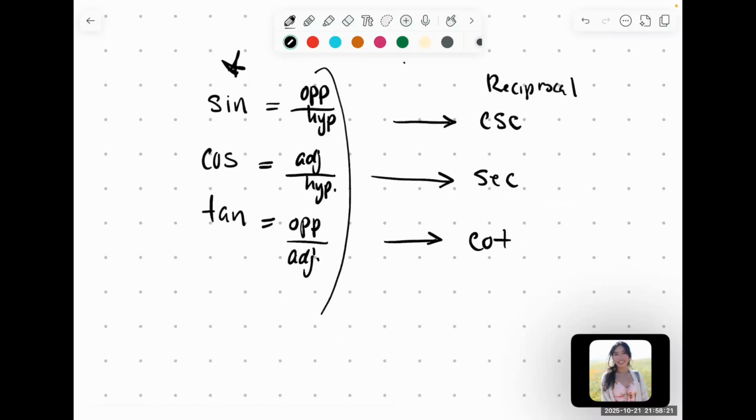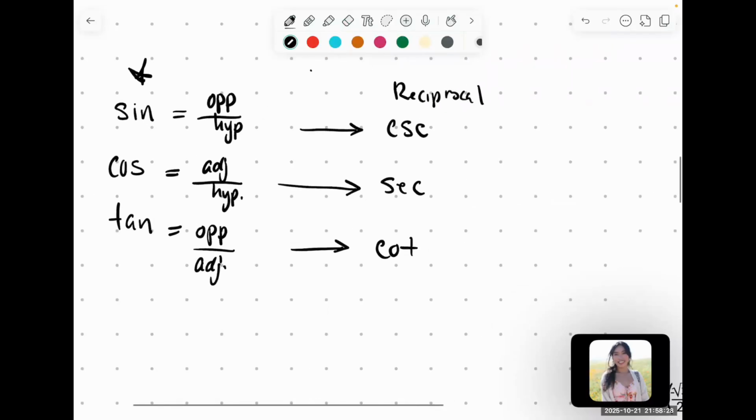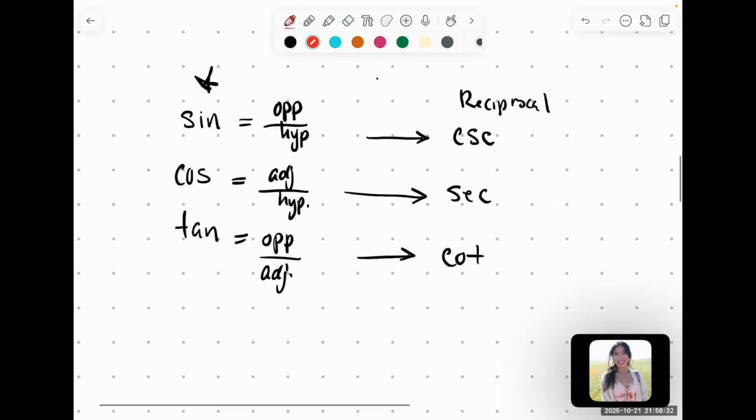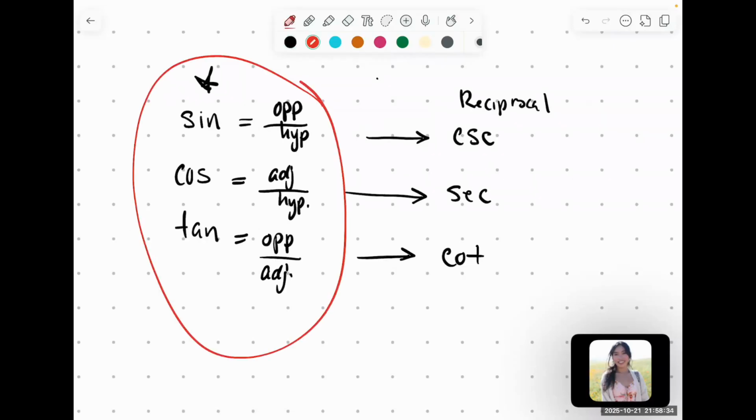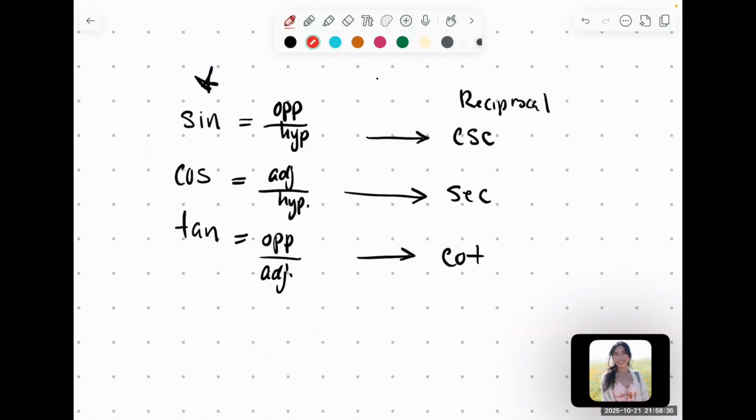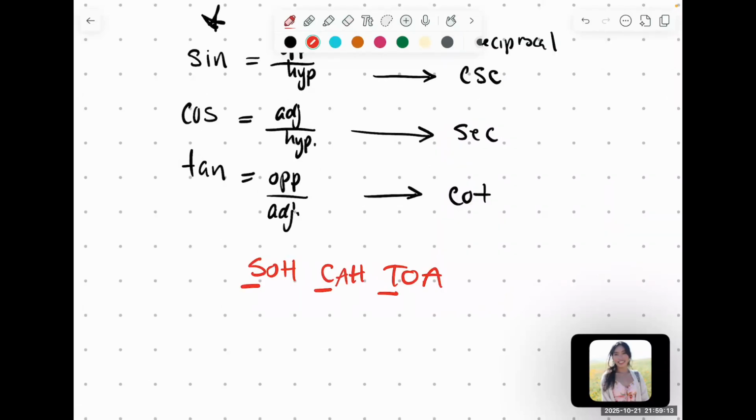So you're gonna need to remember this, and it's easy to remember the reciprocal ones because it's literally just flipped. So if you just memorize these ones, then you will know cosecant, secant, and cotangent if you have a question on that. So just remember this, SOHCAHTOA: sine, cosine, tangent, opposite over hypotenuse, adjacent over hypotenuse, and opposite over adjacent.